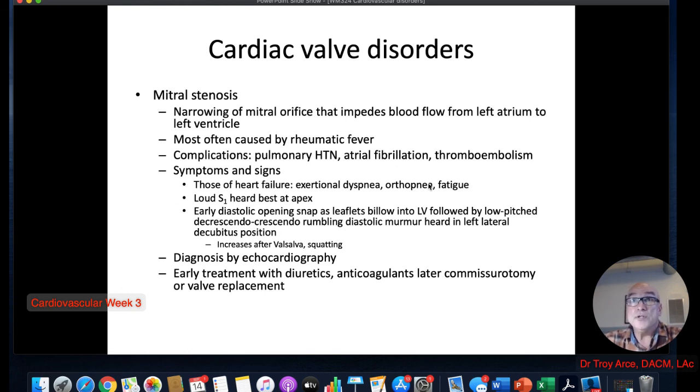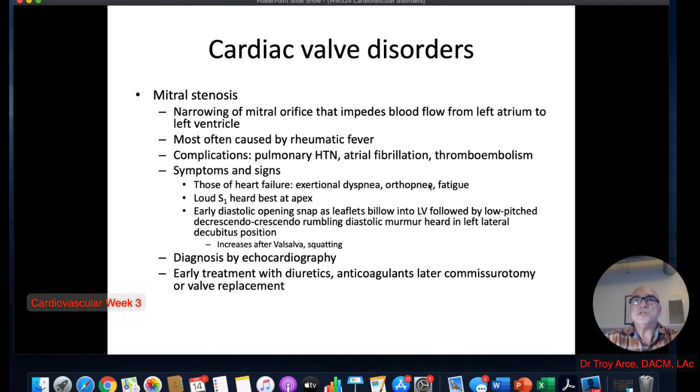Loud S1 is heard best at the apex. Apex is where? Look that up. It's at the bottom. Sounds like the top. It's not. The bottom. Early diastolic opening snap as leaflets billow into the left ventricle, followed by a low-pitched crescendo rumbling diastolic murmur heard in the left lateral decubitus position.